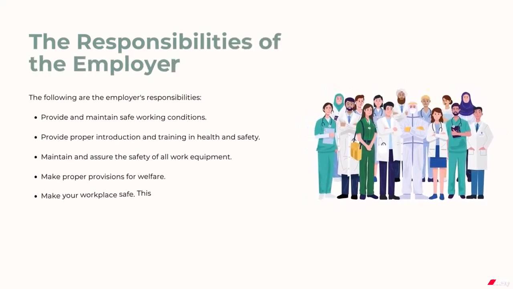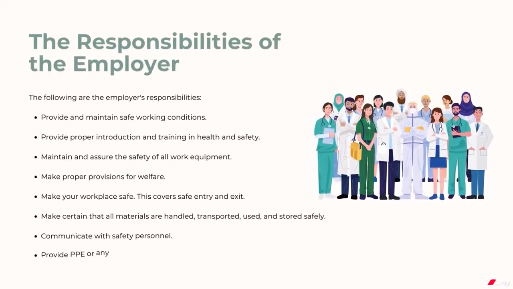The responsibilities of the employer. The following are the employer's responsibilities: provide and maintain safe working conditions, provide proper introduction and training in health and safety, maintain and assure the safety of all work equipment, make proper provisions for welfare, make your workplace safe.